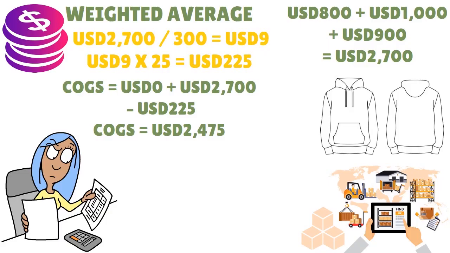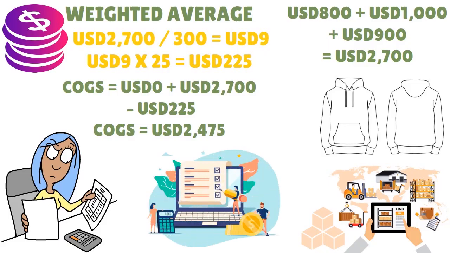Now, it's just a coincidence that the weighted average cost is the same as FIFO. Usually it's not, but in our hypothetical example, it is. It just explains that you will have different numbers depending on the inventory accounting method that you choose.